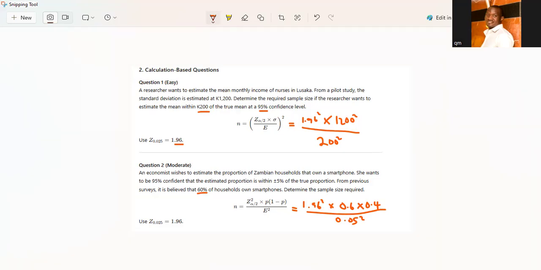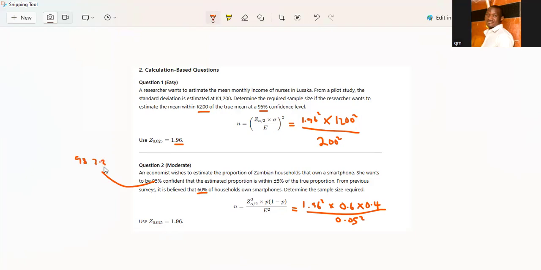Are we following? So if they gave us 98%, what would be our Z? If this was 98%, our Z would be 2.33.